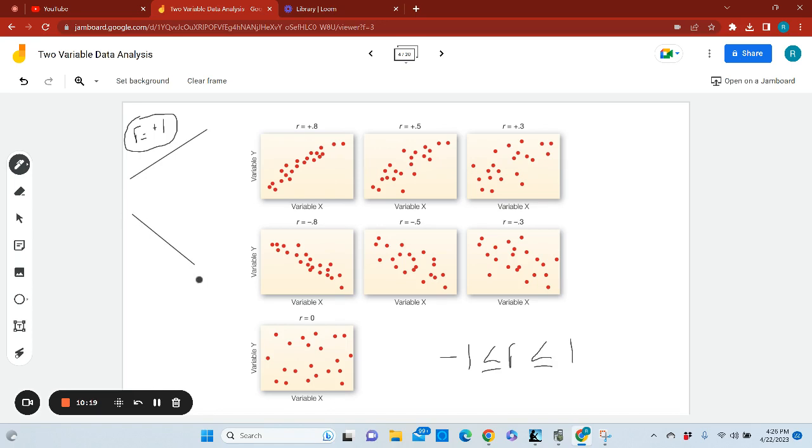If it's sloping down and it's in a perfect straight line, you're going to have a correlation of -1. And it's the same thing as a perfect positive relationship, except in reverse, right? As the x values are increasing, or as we move to the right, the y values tend to be decreasing. And that relationship is perfect, meaning every 1 unit increase in the x variable is going to lead to some constant decrease in the y variable.